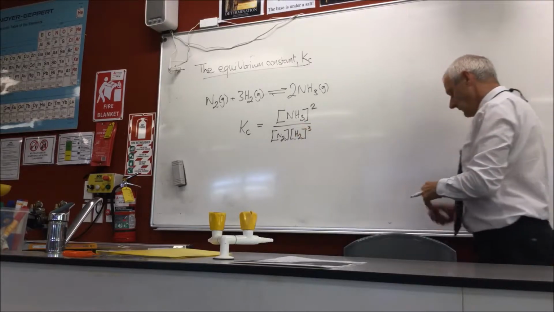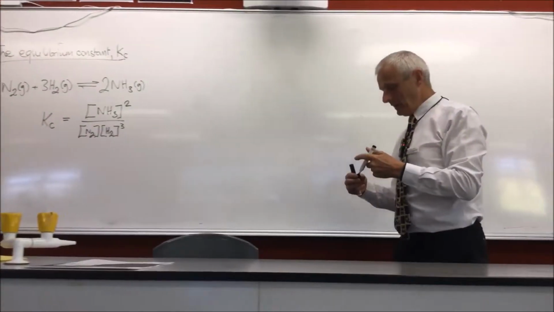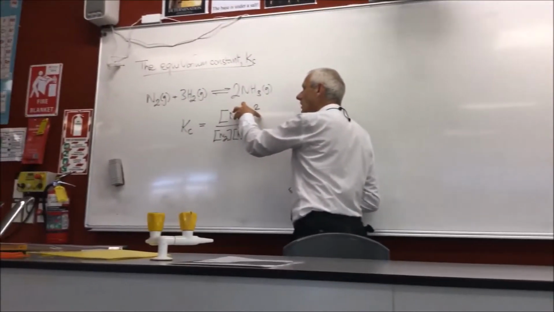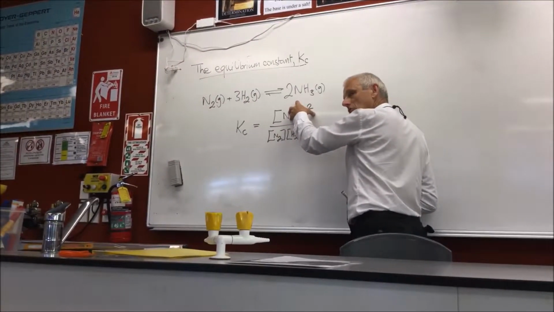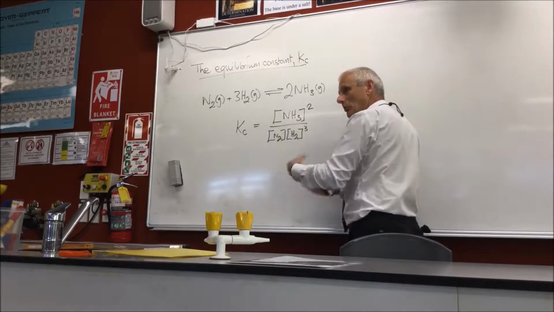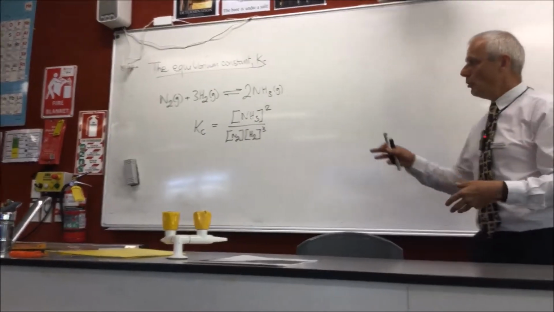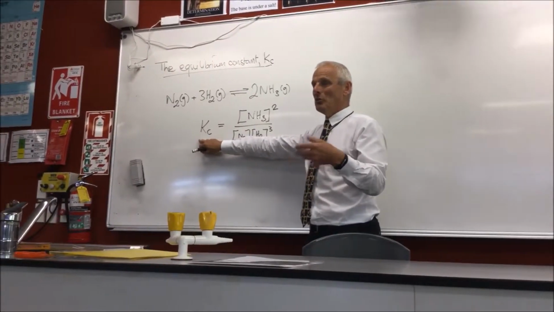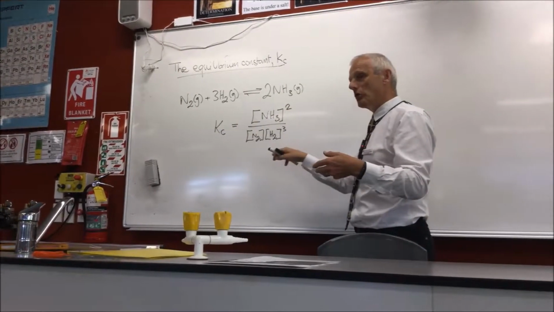So this is basically a number which is telling us something about the proportion of concentration of products to reactants. We're going to unpack that a bit and look at what the value of Kc, if we get a number, tells us about that proportion.